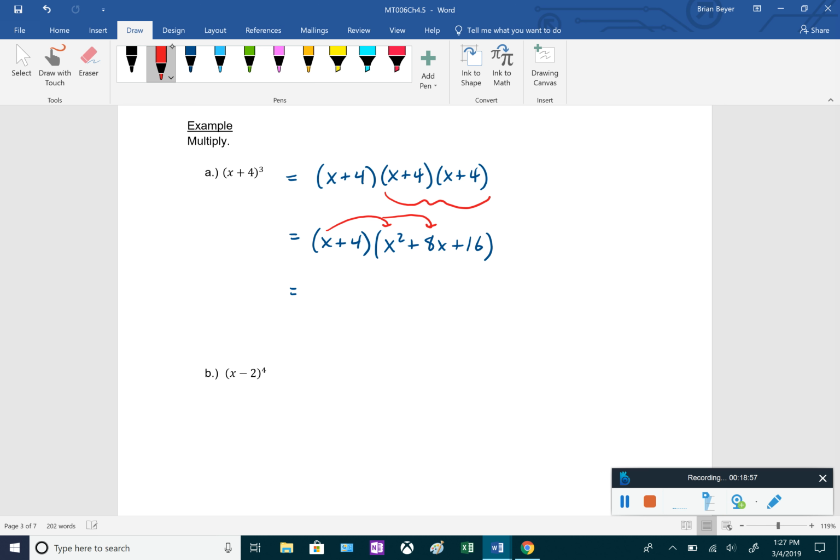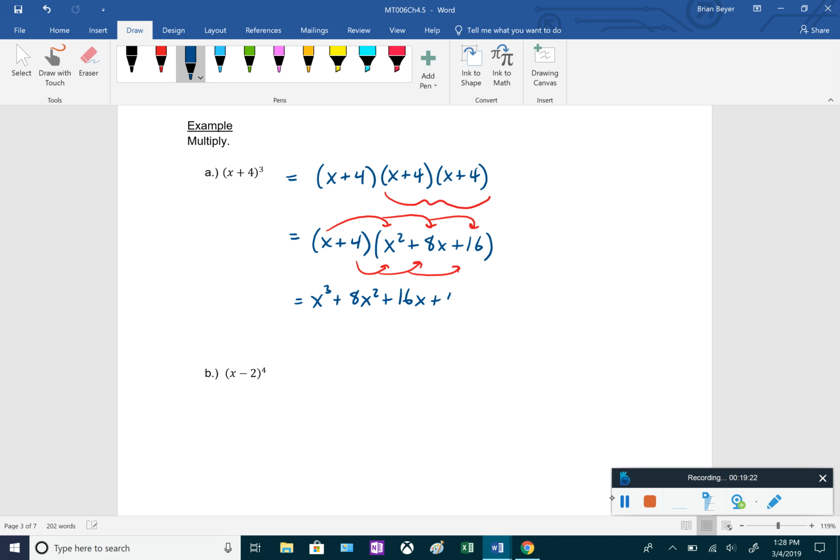Now we're just distributing x plus 4 times x squared plus 8x plus 16. So we have to multiply the x throughout, multiply the 4 throughout. So multiplying the x throughout, we get x times x squared, so x cubed, x times 8x plus 8x squared, x times 16 plus 16x.